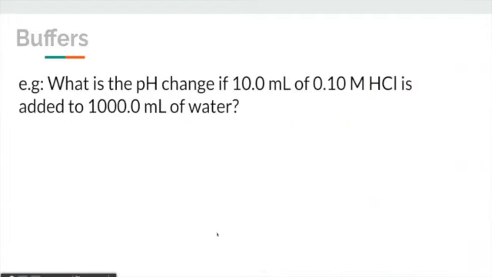Okay, here's another problem. What is the pH change if 10 milliliters of 0.1 molar HCl is added to 1,000 milliliters of water? Okay, so what happens if we put HCl in water is it fully ionizes to H+ and Cl-. So every mole of HCl we put in the water produces a mole of H+, and that is going to influence pH. How much? Well, let's figure it out.